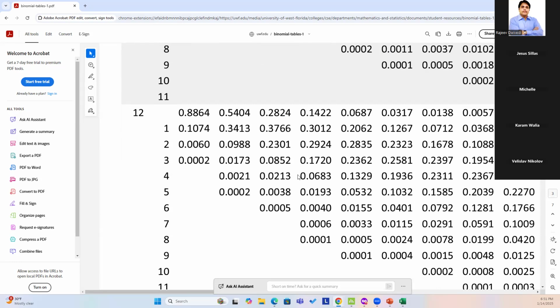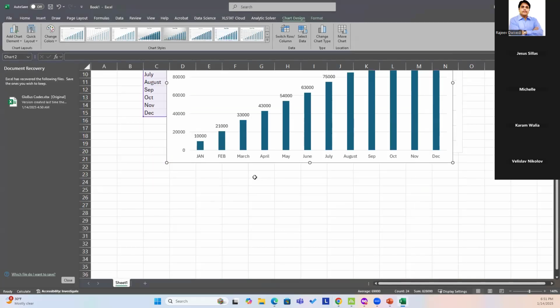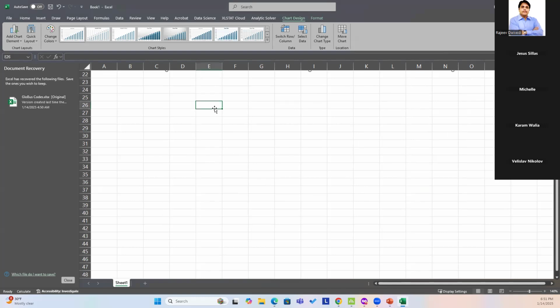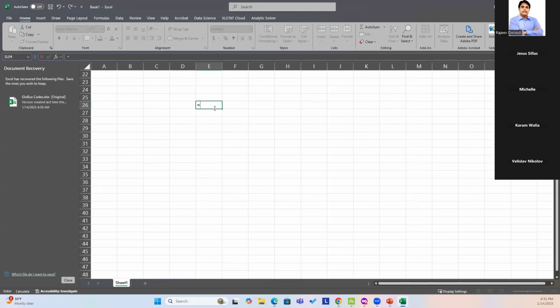How to get the same results in Excel? I can demonstrate that too. In Excel, I just put an equal sign, binomial, and I put distribution. Now you can see the arguments: number, trials, probability.